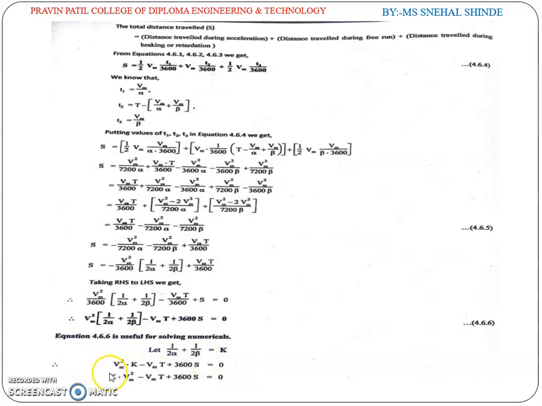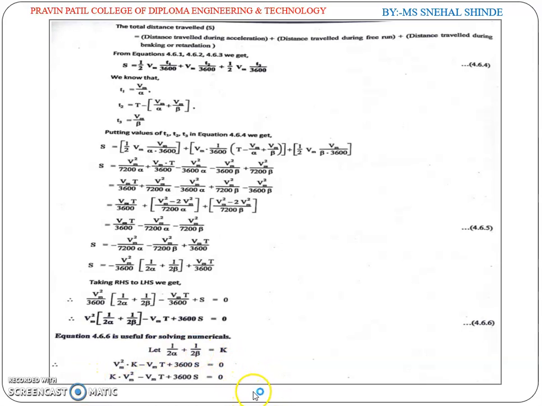So now our equation becomes Vm square into k minus Vm into T plus 3600s equal to 0. So again we have rearranged the k term here. So we get Vm square k minus Vm into T plus 3600s equal to 0. So this is the final equation.